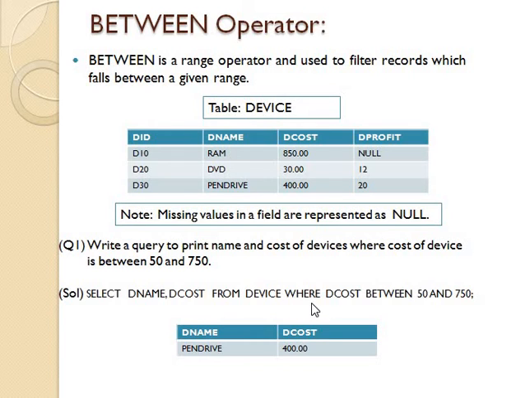Then in the where clause, I shall put the condition. The condition says the cost of device shall be between 50 and 750. And that's why I write the where clause as where DCost between 50 and 750 followed by semicolon.